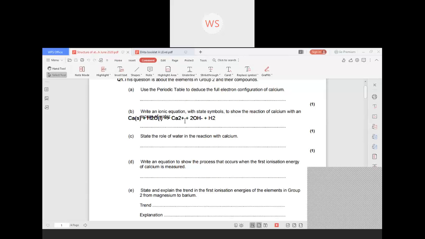Hydrogen gas cannot be ionized. Okay, so there is no spectator ion in this one.